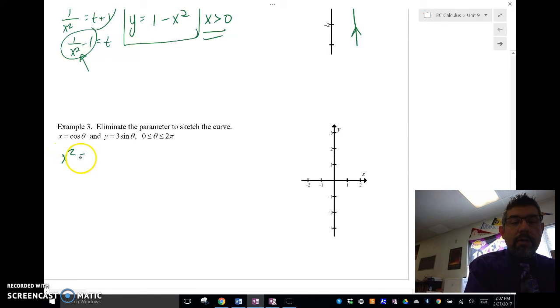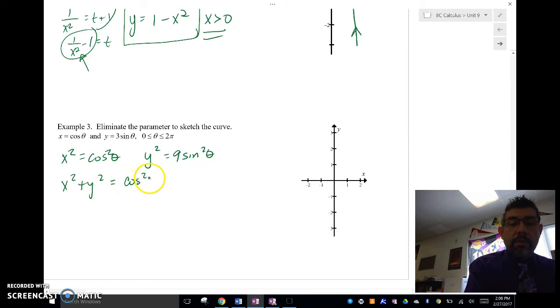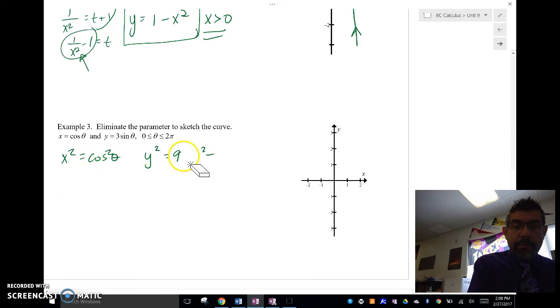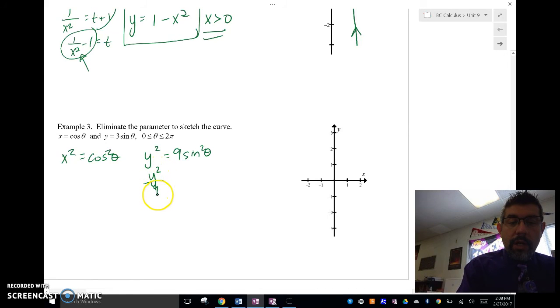We're going to go x squared equals cosine squared. And we're going to go y squared equals 9 sine squared. And then we're going to add them together. Oops. Sorry about that, guys. Then I'm going to go y squared over 9 equals sine squared.